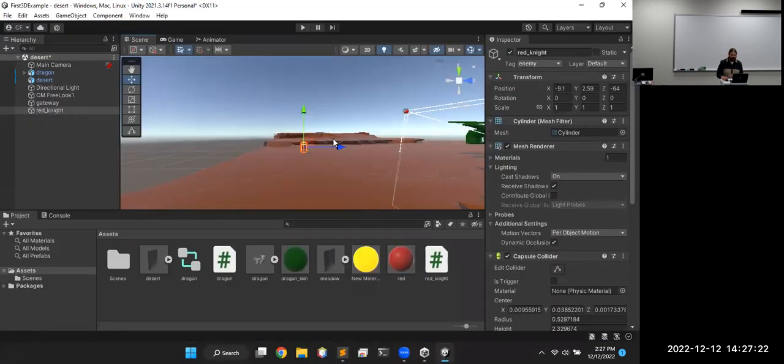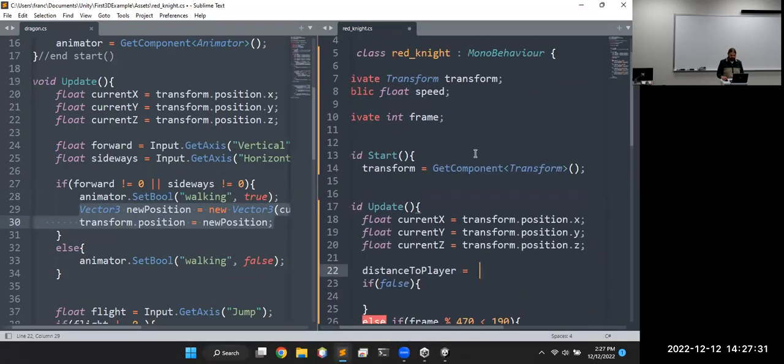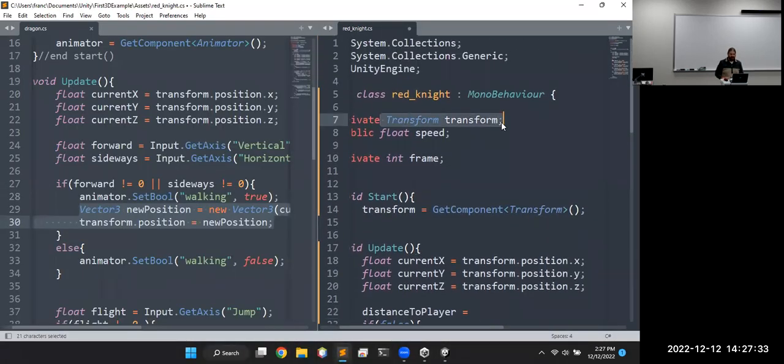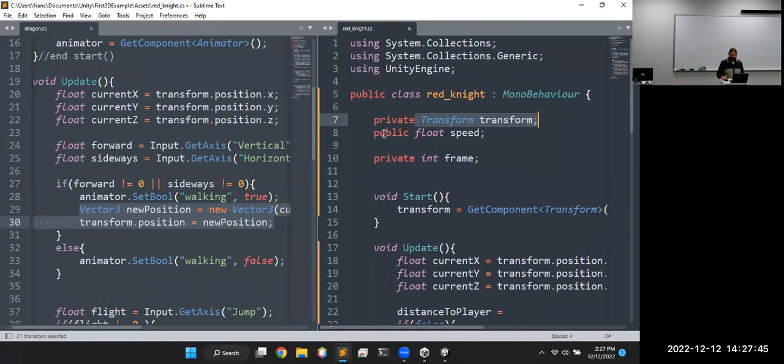So first thing we need is a way to know where both our character and the red knight are. So over here in our script, we have the character, we have the red knight's position, and the same way we set speed, we can just grab a reference to the other thing.